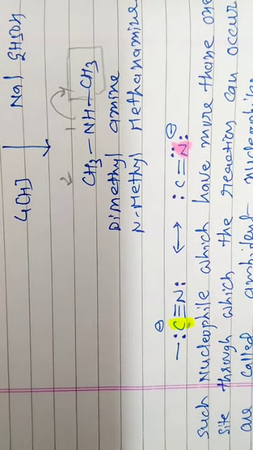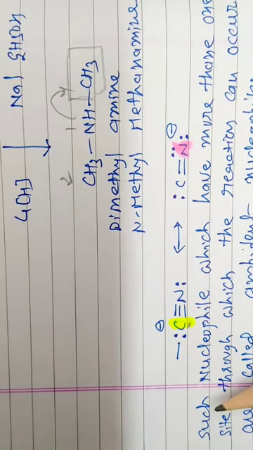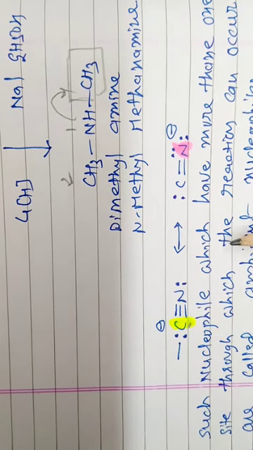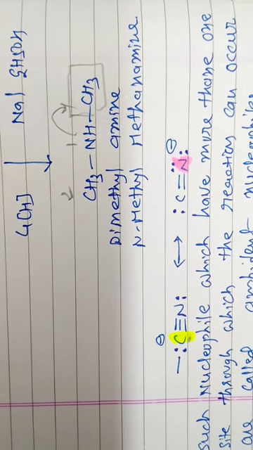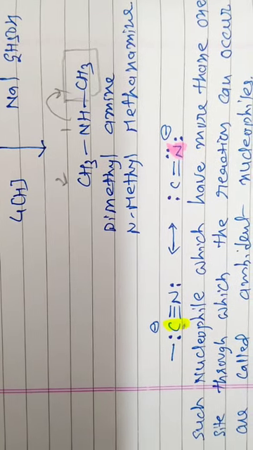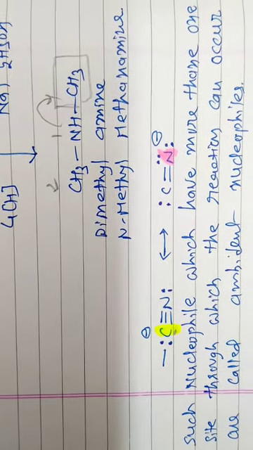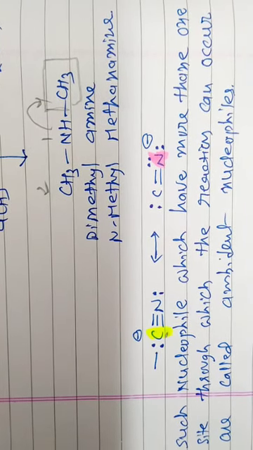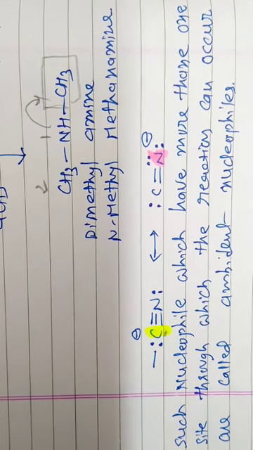So here one definition. Such nucleophiles which have more than one site through which the reaction can occur are called ambident nucleophiles. So very simple definition of ambident nucleophile.